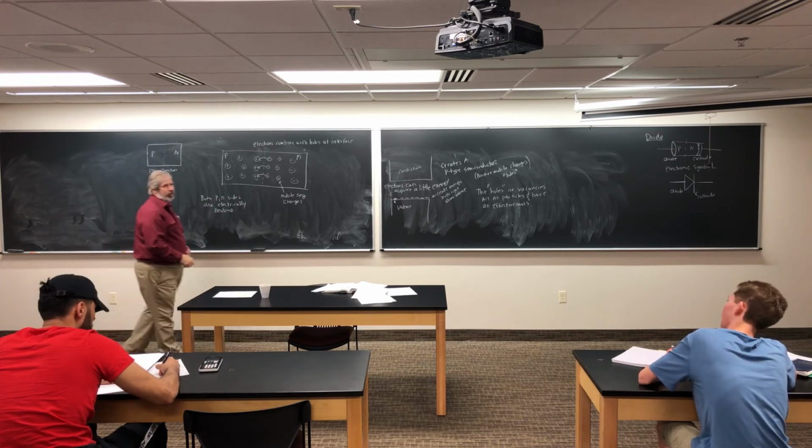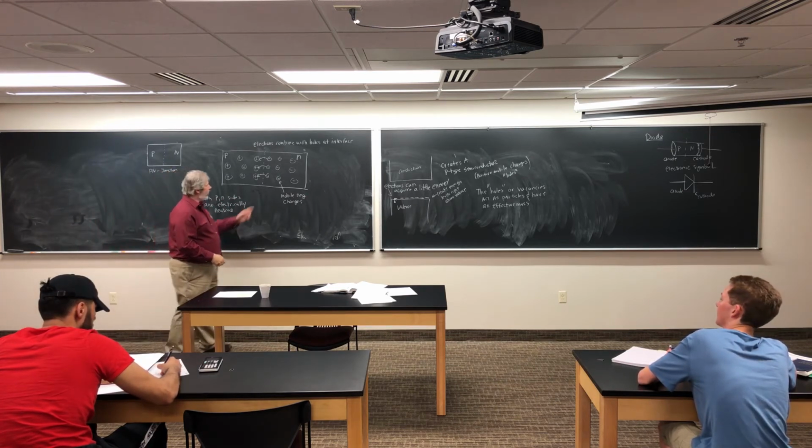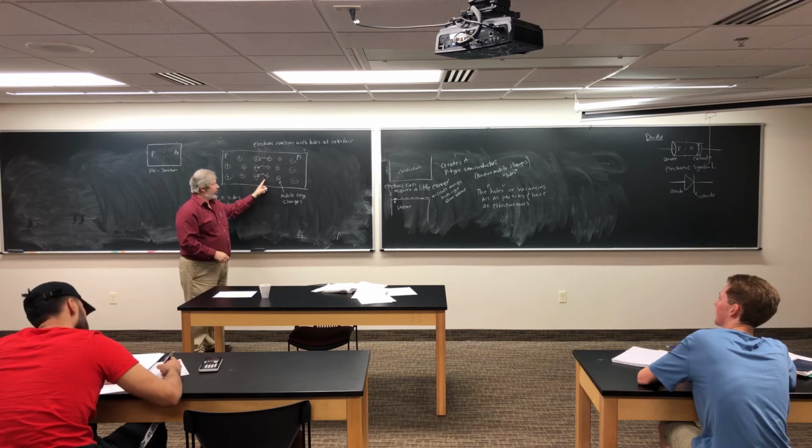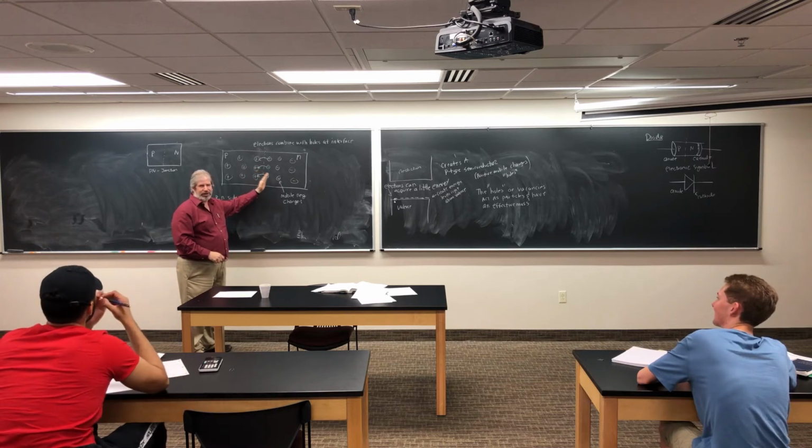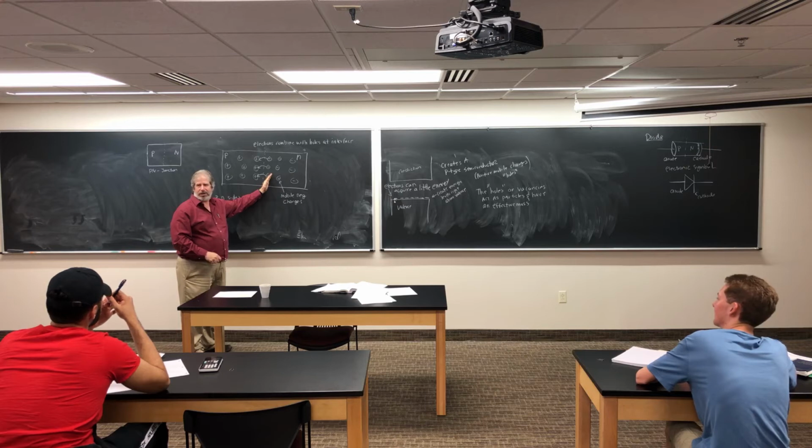But what happens when you do that? You had an electron, and this whole side was electrically neutral. But now if an electron jumps over there, this side has a net positive charge, right? It creates a net positive charge on the end.